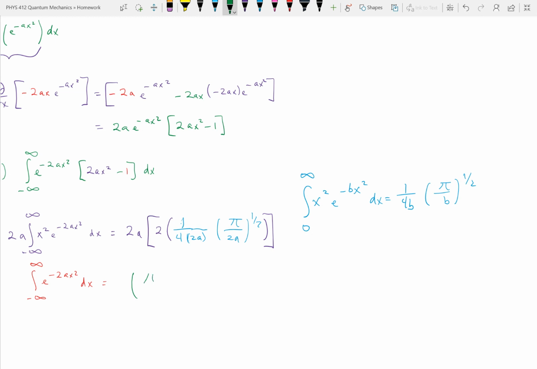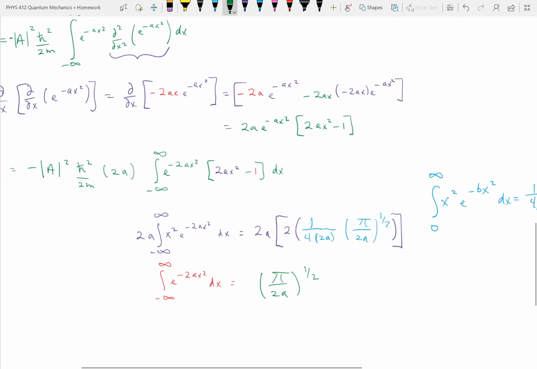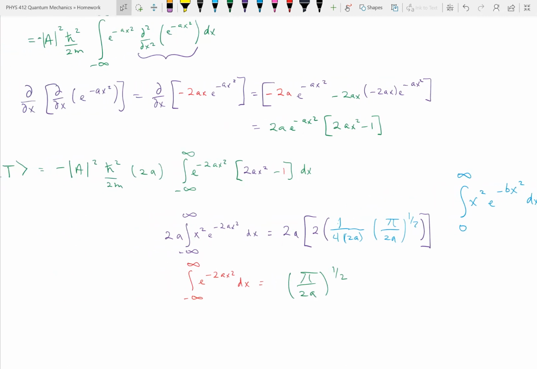In which case, for the first one, it would reduce down to 1/2, so 1/2 times square. Right.